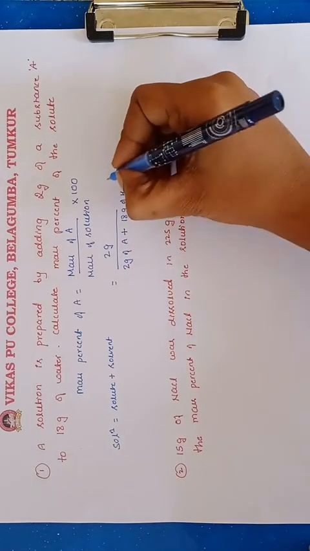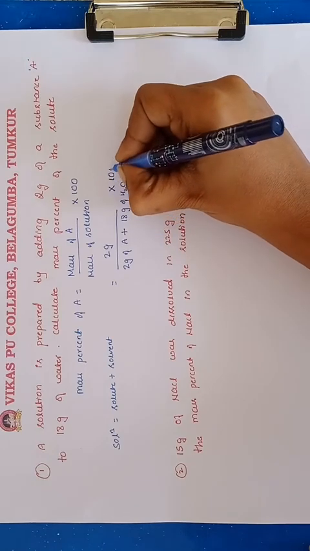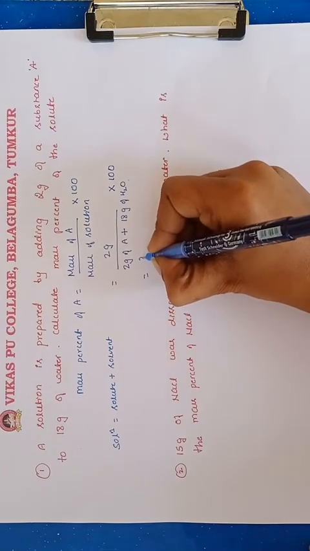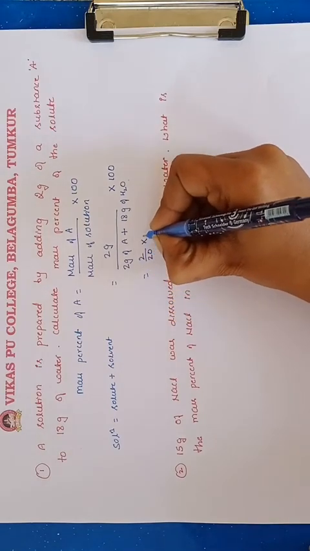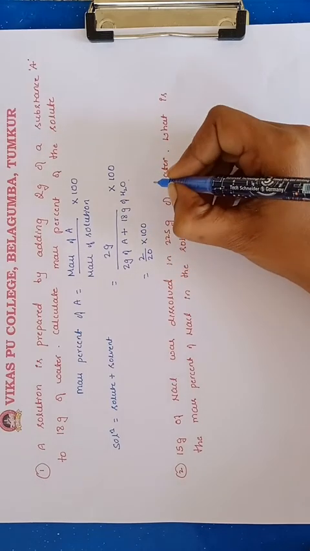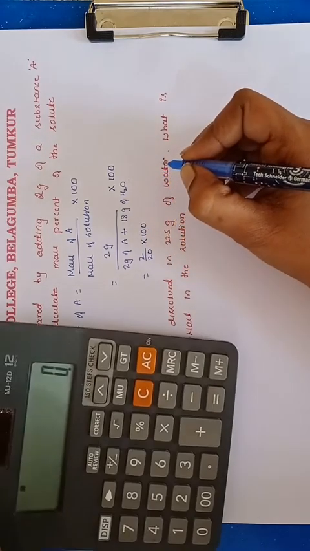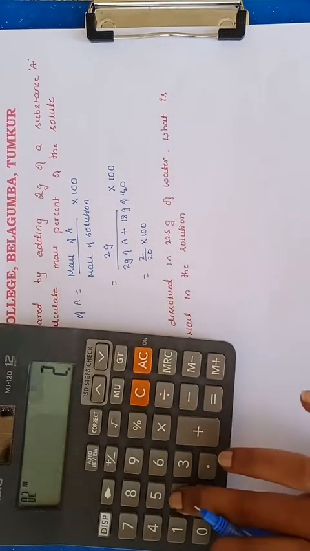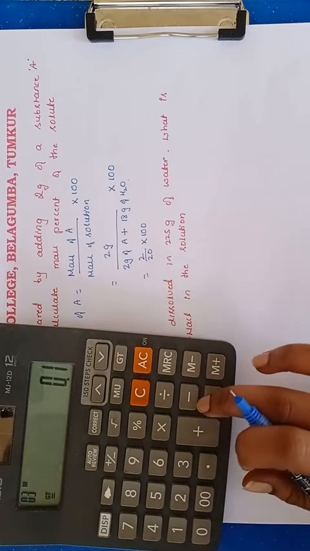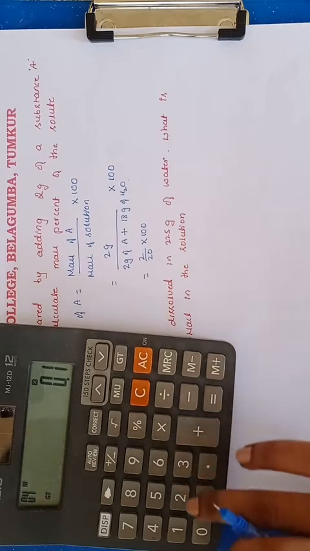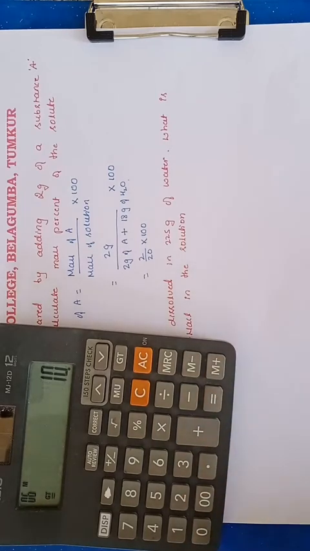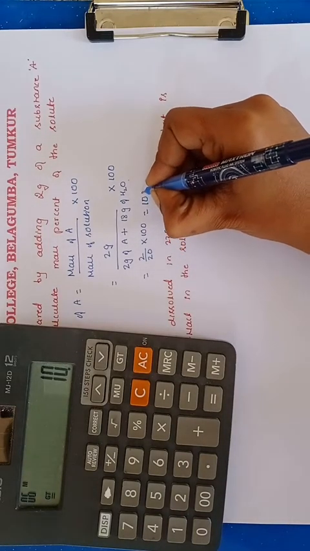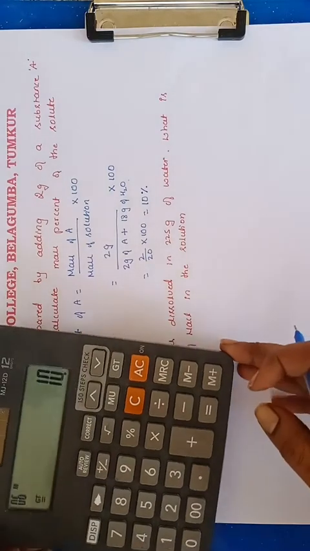We get 2 divided by 20 into 100. Using a simple calculator, 2 divided by 20 equals 0.1, into 100 gives 10. So the mass percent of A is 10%.